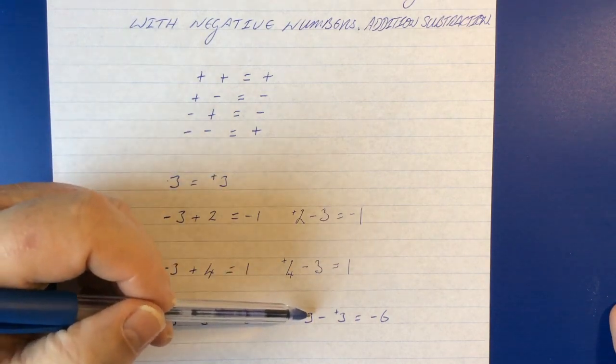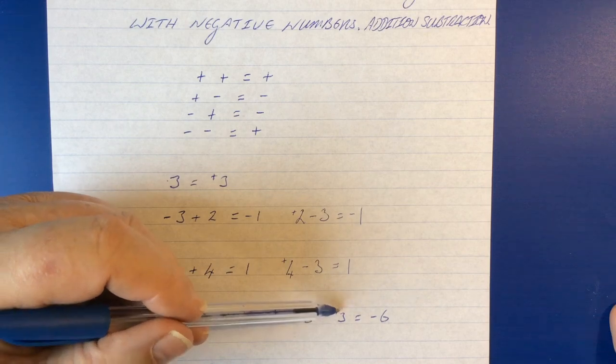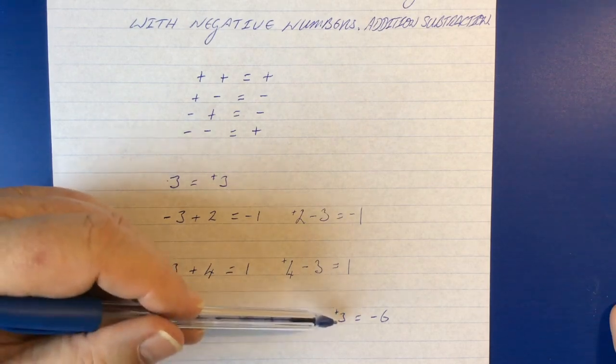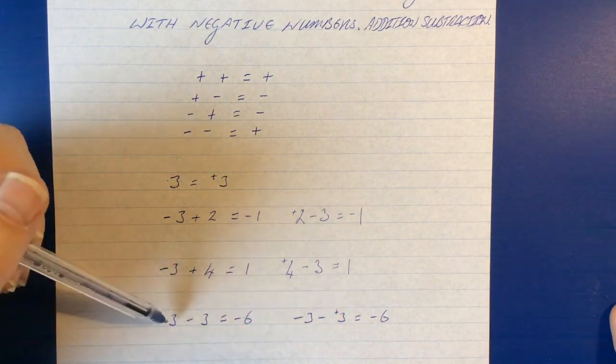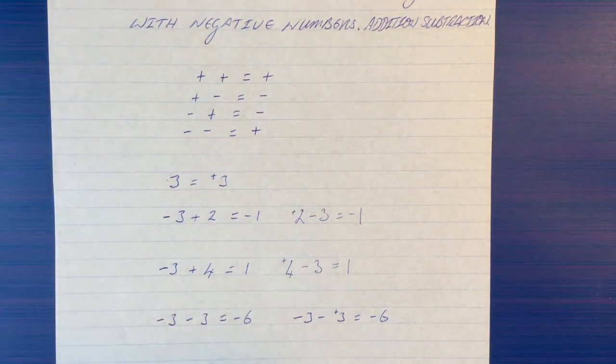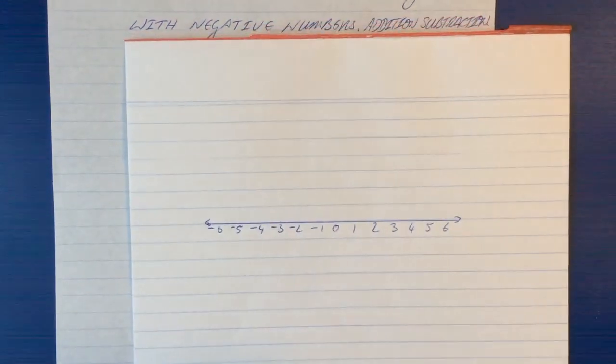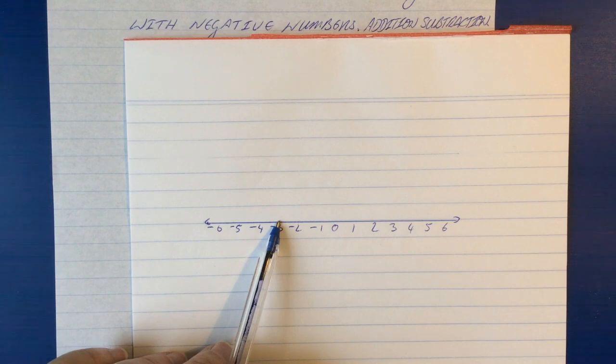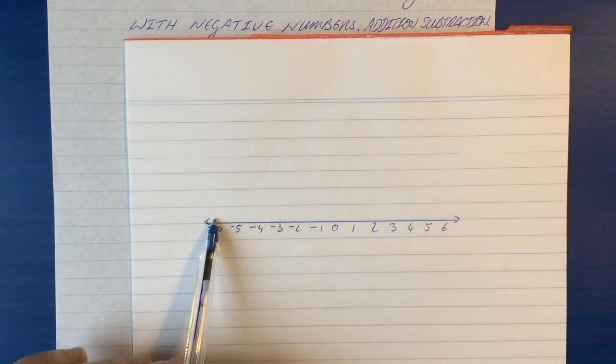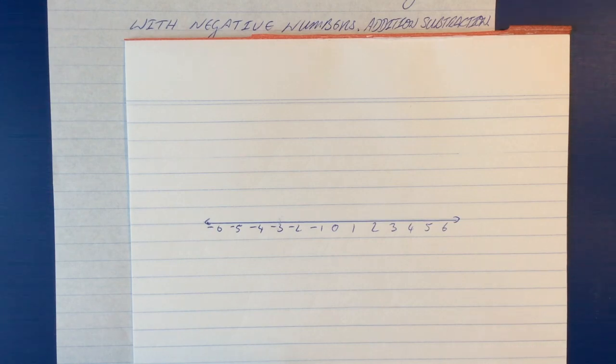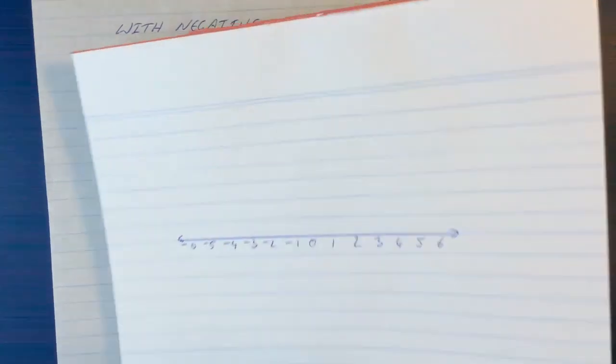But if you look over here, it's negative 3 minus positive 3. It is negative 3 taking away another 3. So let's try it on the number line. Negative 3 minus 3 means that we move to the left 1, 2, 3, and we get to negative 6. Again, that is how it works.